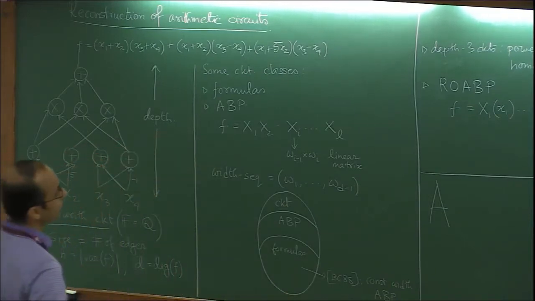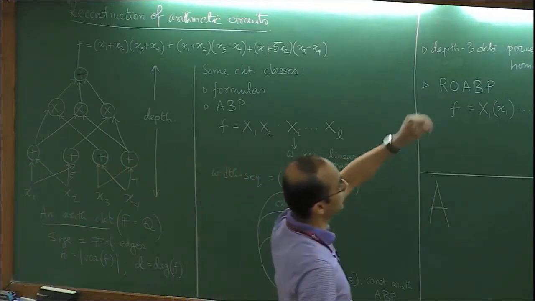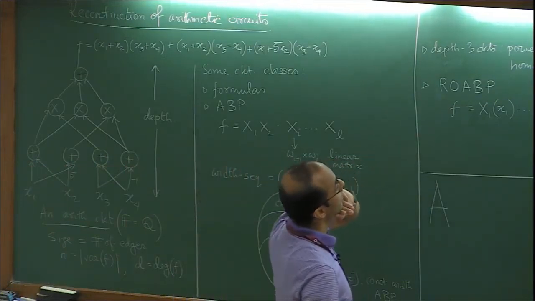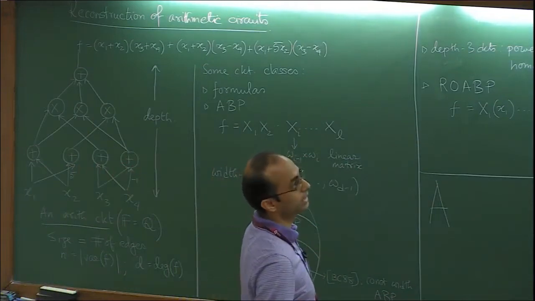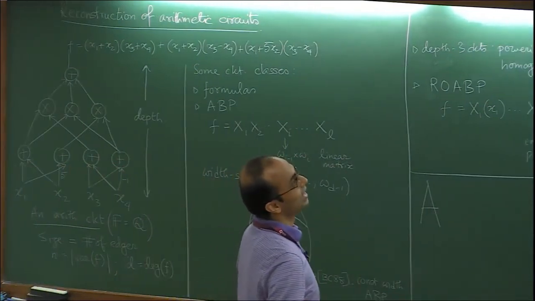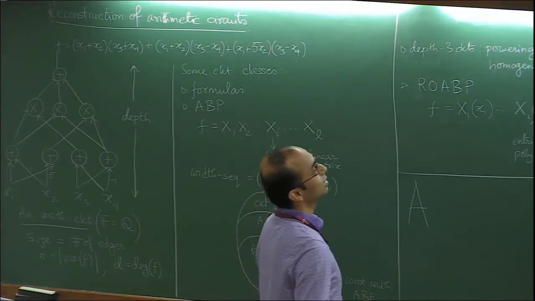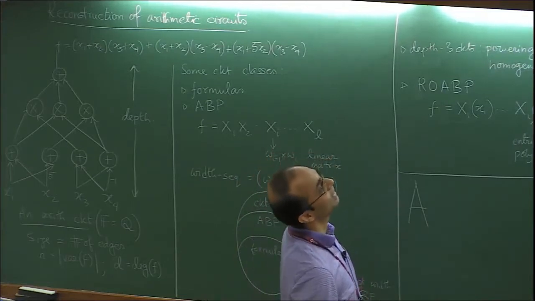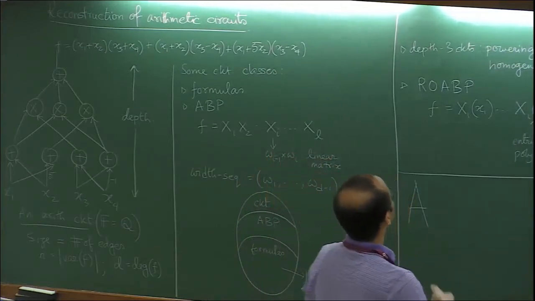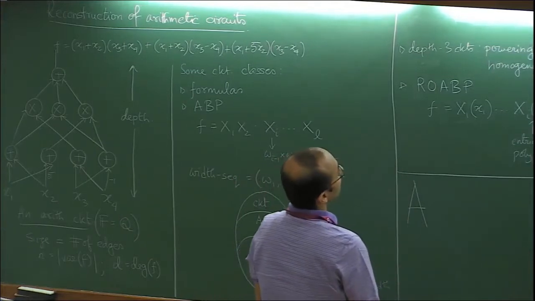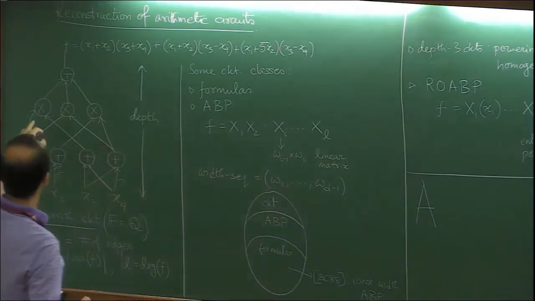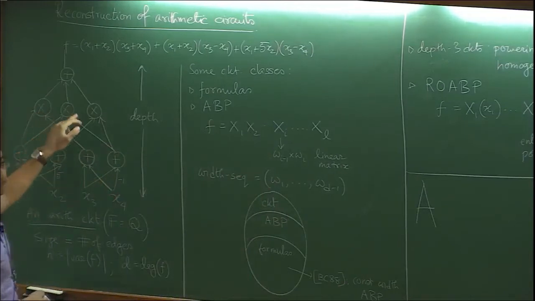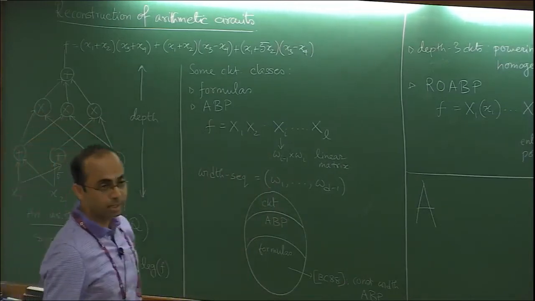There are also other interesting classes, especially the class of depth-three circuits, and interesting special cases of depth-three circuits, like powering circuits, where the multiplication gates are replaced by powering gates, and set-multilinear circuits.